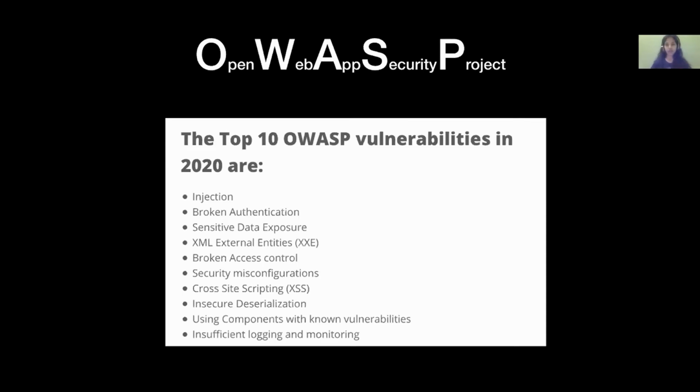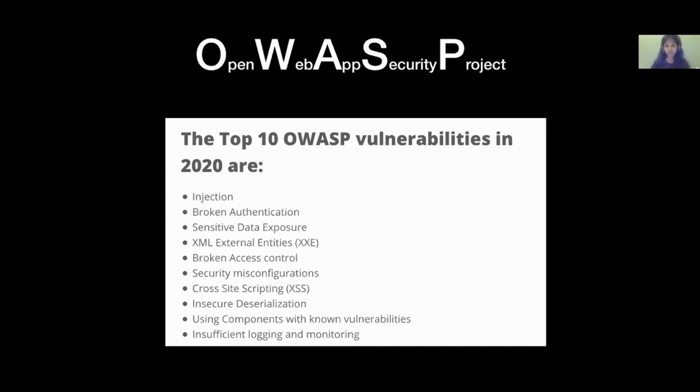OWASP is an open source foundation, an online community which makes all of these security vulnerabilities and the materials and articles available for you. You should always make sure you look into these foundations and keep yourself aware of what is there.